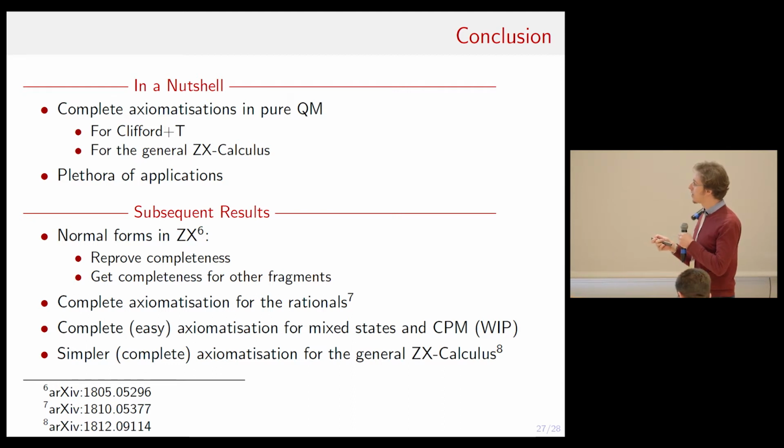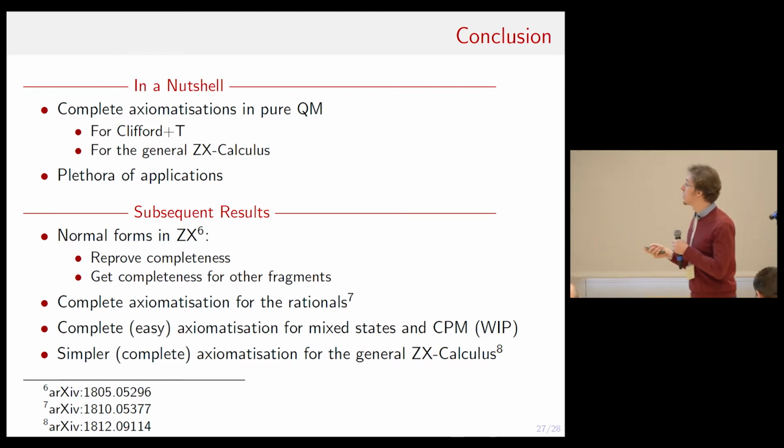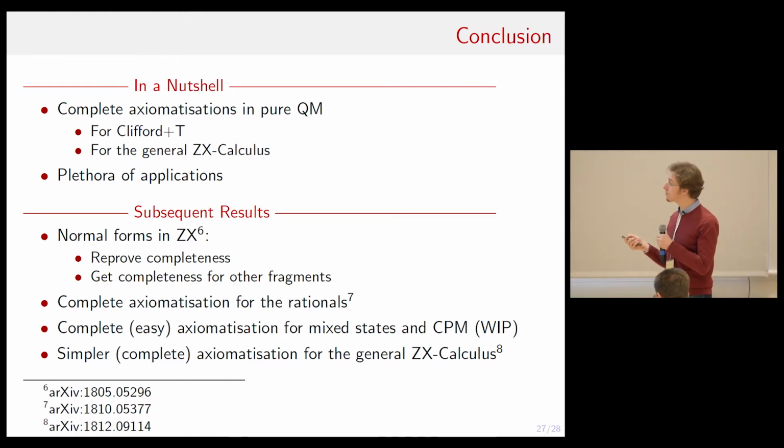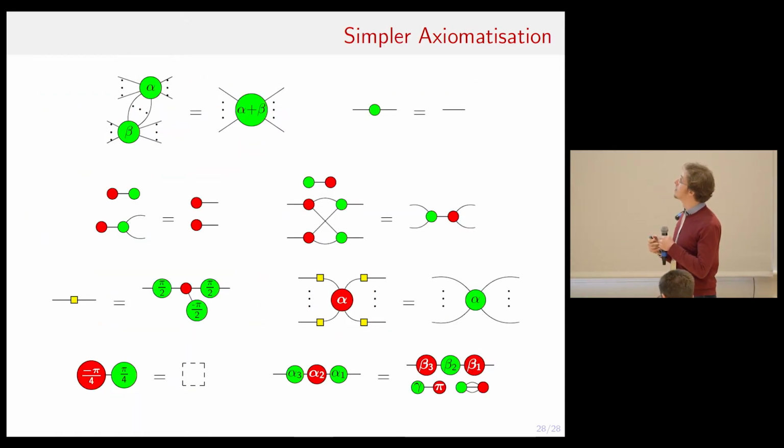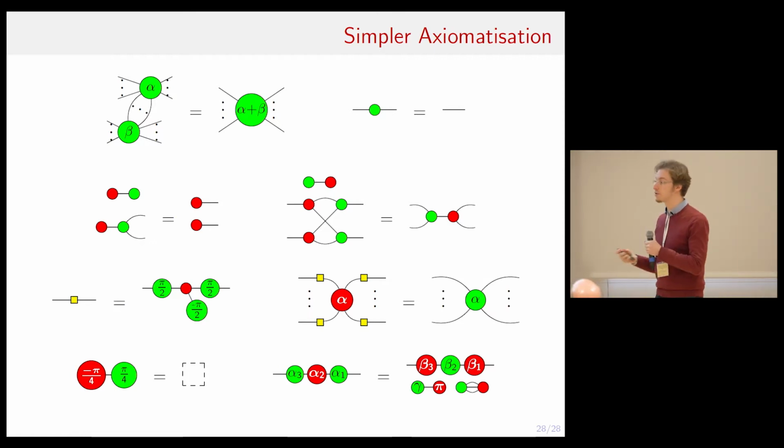And finally, we have now been able to simplify the axiomatization for the unrestricted ZX calculus. And this is the remaining axioms. So the first three lines are the axioms for the Clifford fragment, and then you only need two additional axioms, and you get the completeness for the unrestricted ZX calculus. So I want to leave you with this picture, and thank you for your attention.